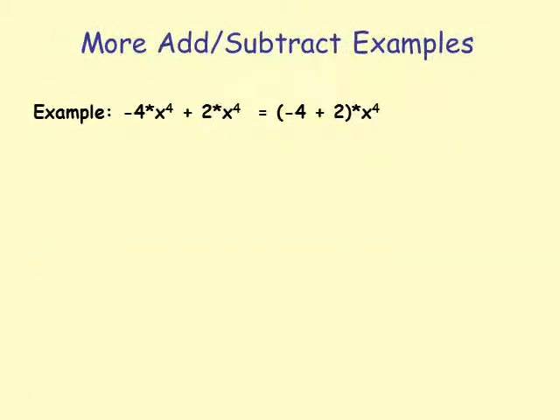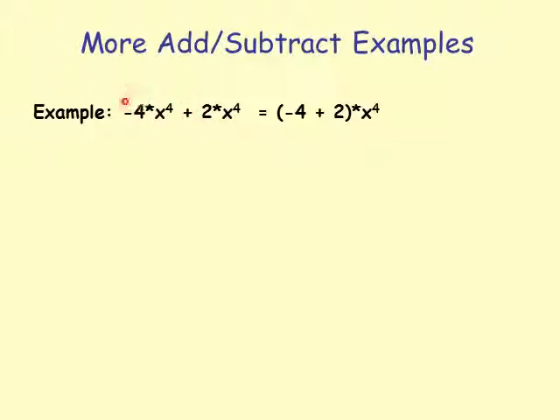Let's do some examples here. How about now minus 4 times x to the 4th power plus 2 times x to the 4th power. That's equal to minus 4. So we would just add, subtract the coefficients here. So x fourth, flag is 4, flag is 4, and we are trying to add the two monomials here.